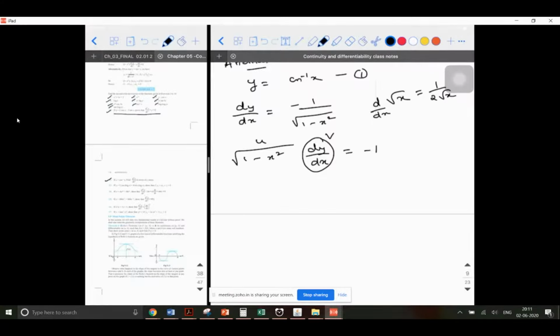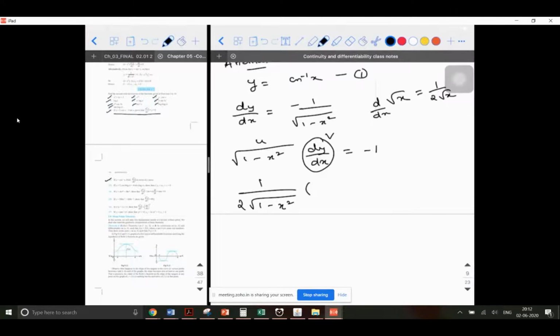I just want somebody to speak and make an attempt. Akshay, can you tell me? 1 by 2 root of 1 minus x square into d by dx of dy by dx, that is d square y by dx square. No, you left one thing. Oh, into 2x. Correct.